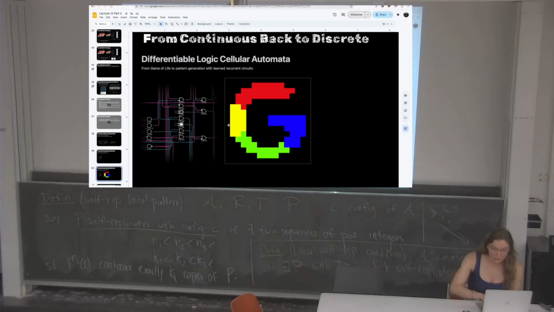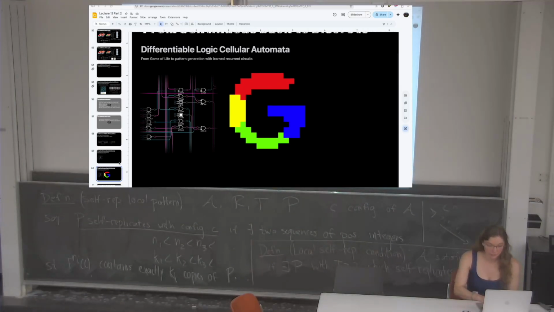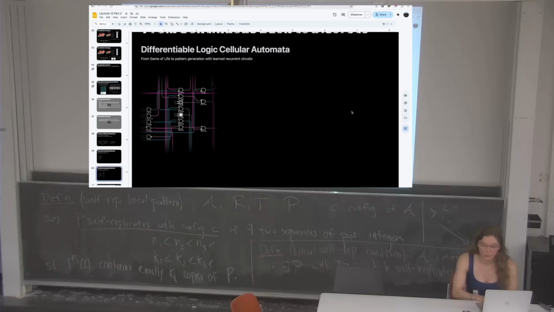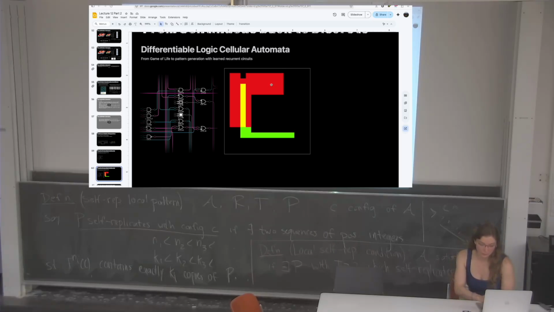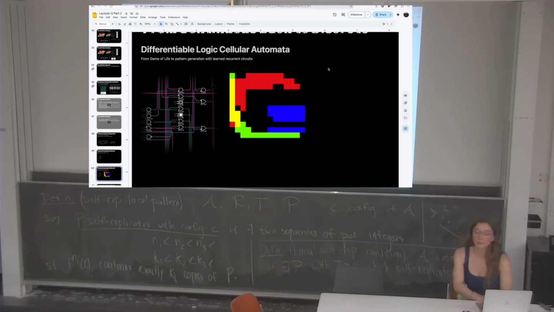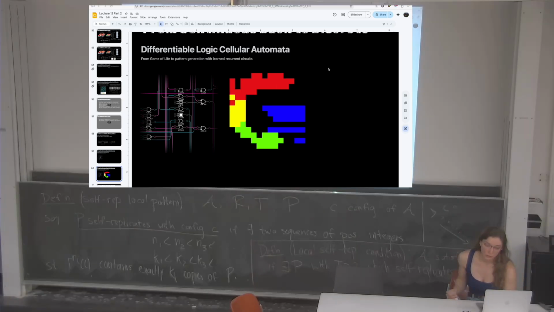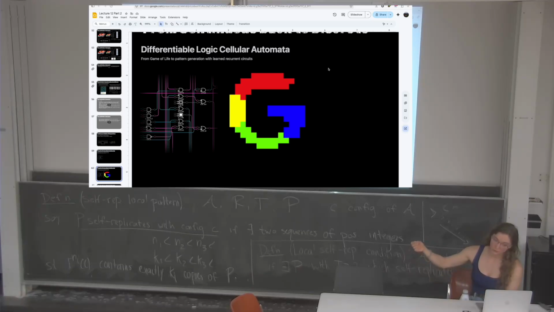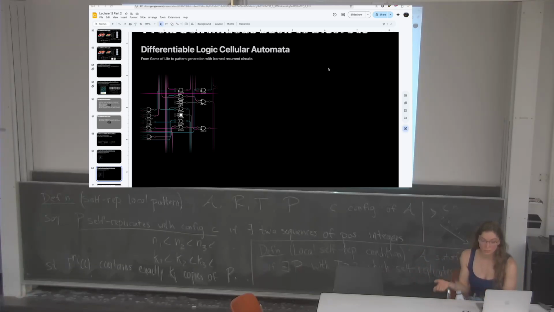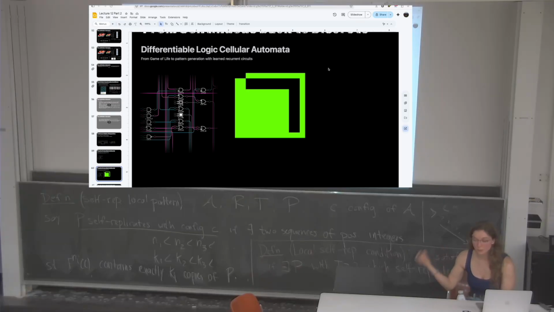So what you see here is essentially a discrete cellular automaton which makes a logo that you might have seen before. It's not a coincidence that this was again done by a team at Google. And the way this works is that the local rule of this cellular automaton is represented by composition of certain logic gates that can be made differentiable.